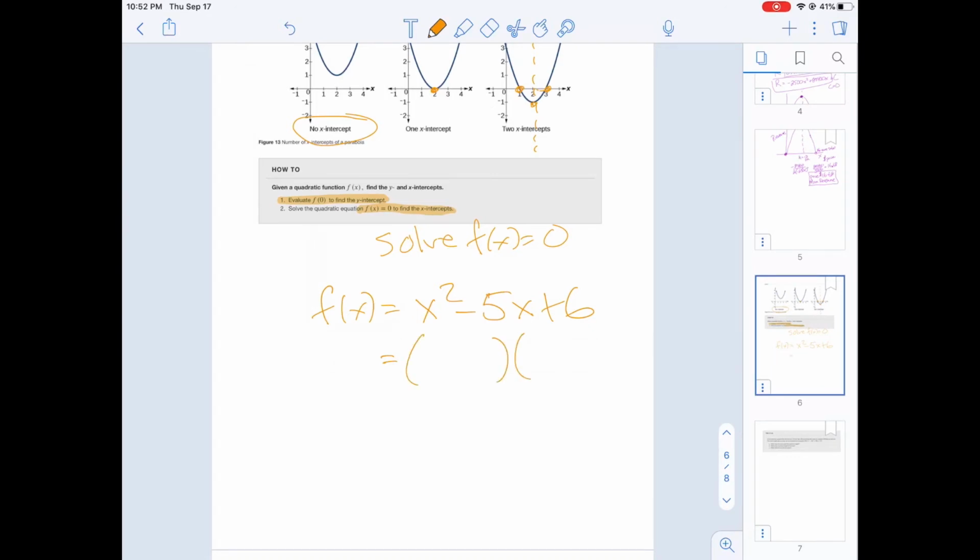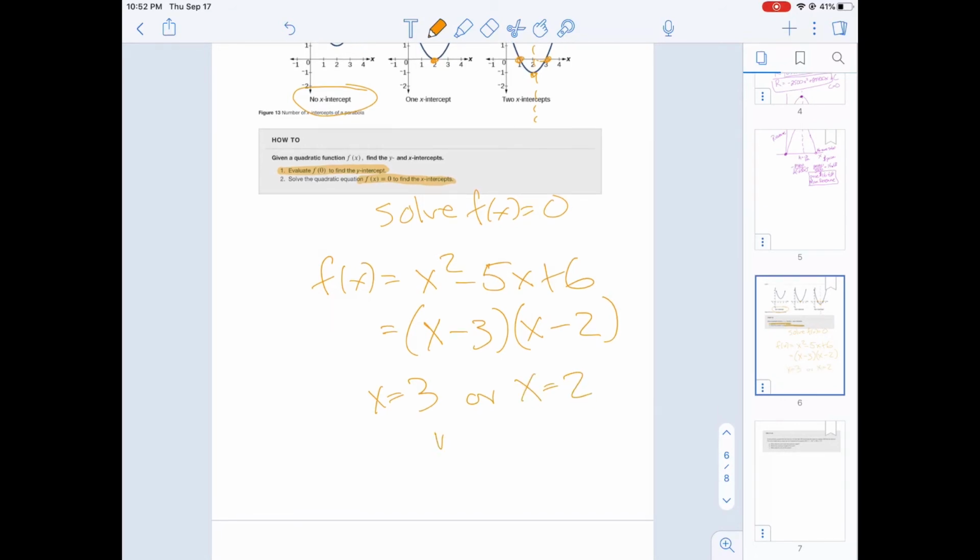If you can factor that, x and x, the last times the last should give you 6, and the inside terms should add up to minus 5, so that would give you minus 3 and minus 2. So x equals 3 or x equals 2. And that tells us that the vertex is between those, halfway between 2 and 3, which is 2.5.